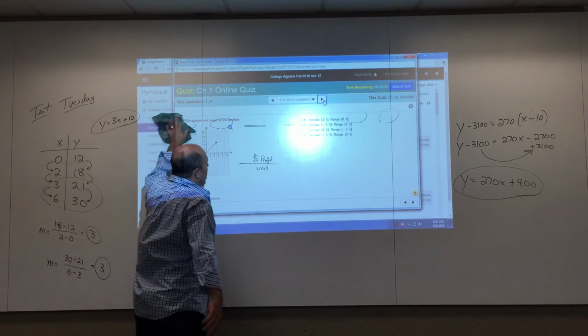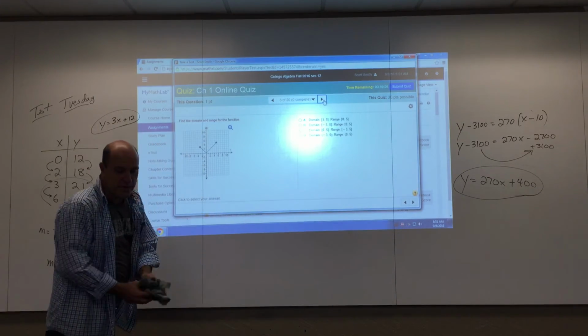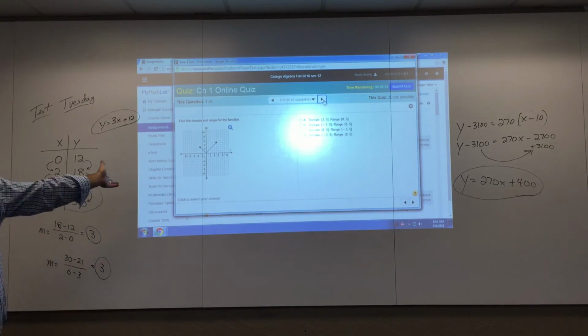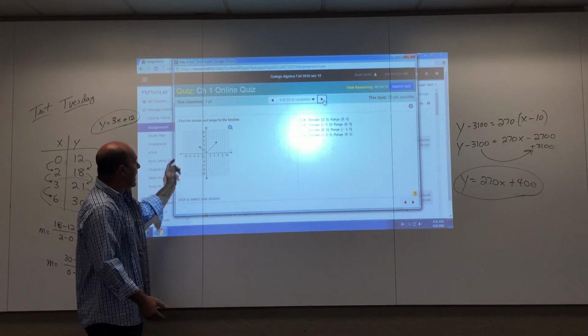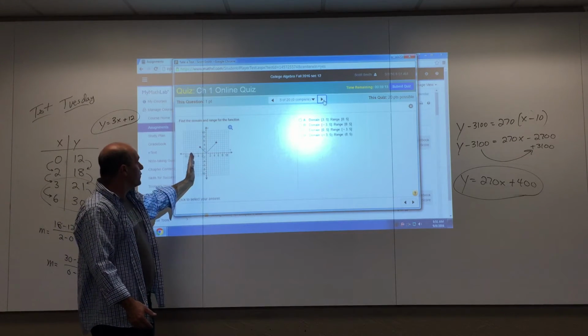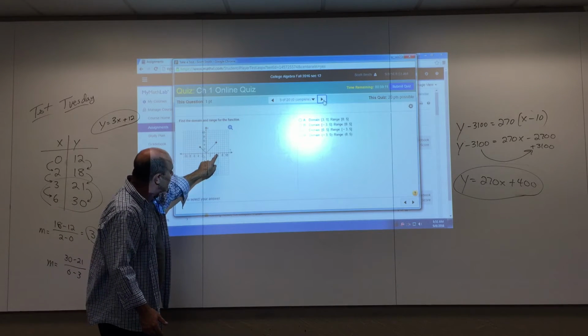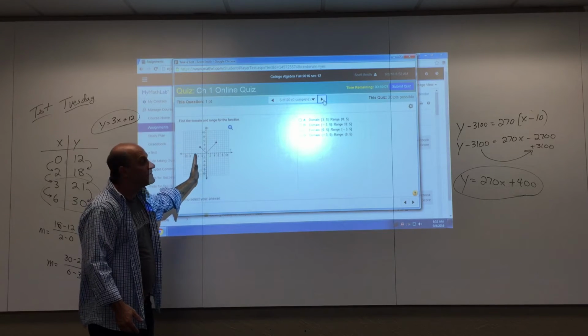Hey, that's a good question about domain and range. There's a little picture of a function there. The domain is the x values, and the x values go from, on the left, it looks like -3 to, looks like 5. -3 to 5 on the x.